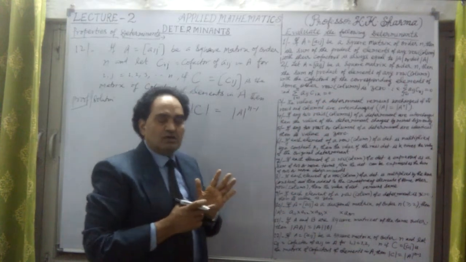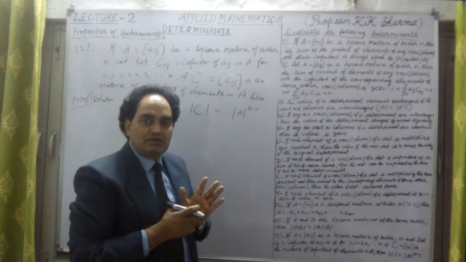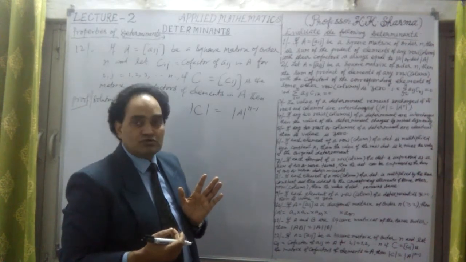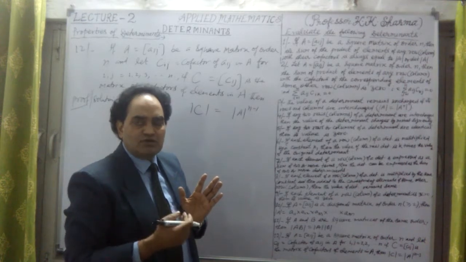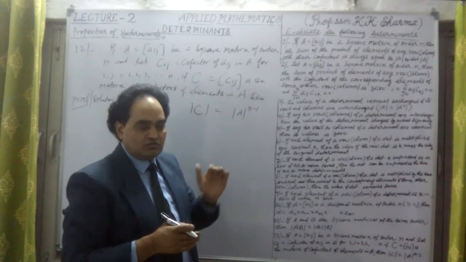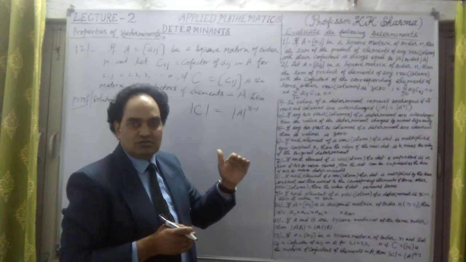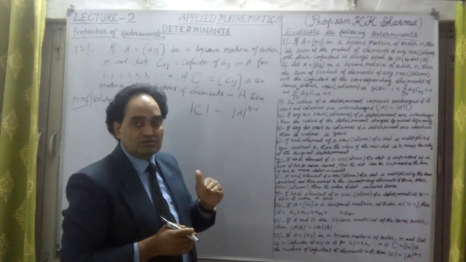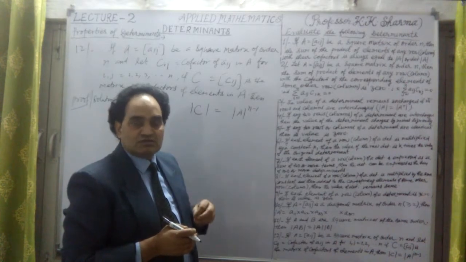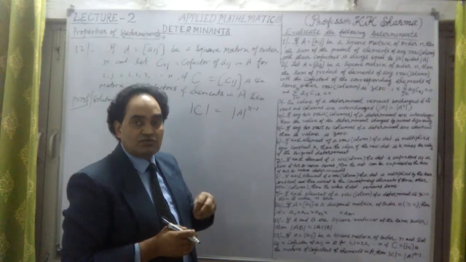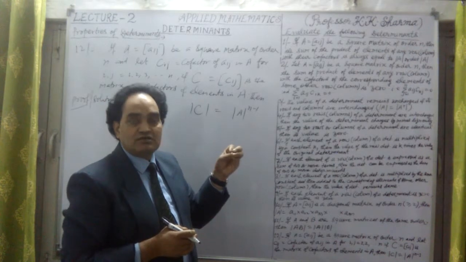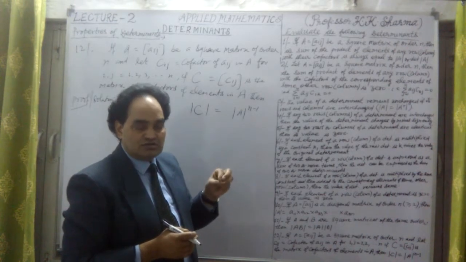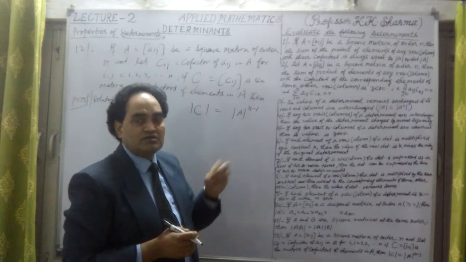Means when any element is multiplied by the cofactor of the corresponding element of another row. For example, if I take A11 and multiply it by C21, the cofactor of the first element of the second row, then it is 0.